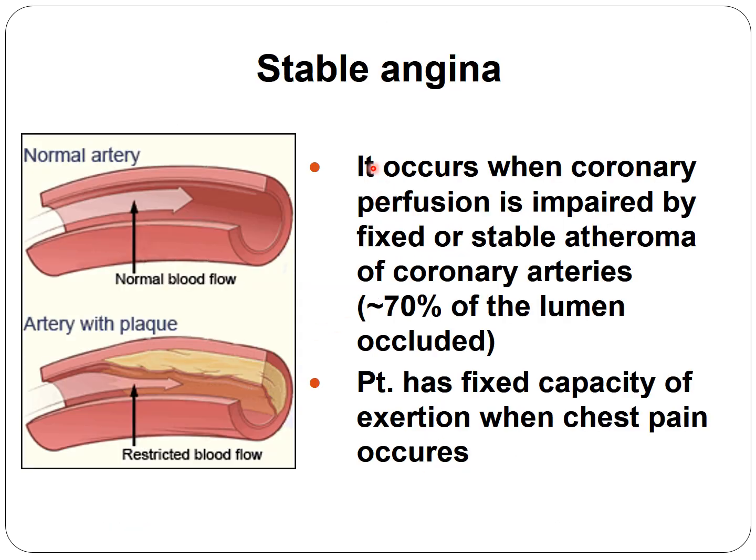Stable angina. The stable angina usually occurs when the patient does the same amount of work or effort or work activity, and this is due to a stable coronary plaque that usually narrows the coronary by more than 70%.